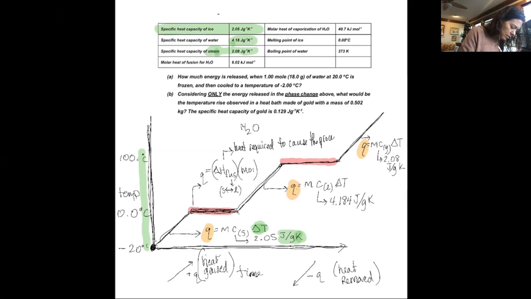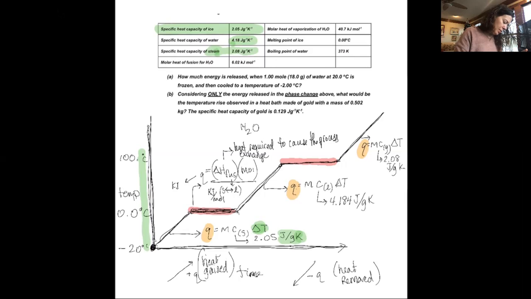And when I say heat, maybe I should say exchange, because we could be adding it or removing it, freezing or melting. The units for delta H fusion are in kilojoules per mole. So when we multiply these values, the units here are in kilojoules. Okay?